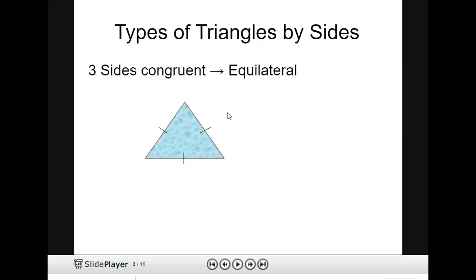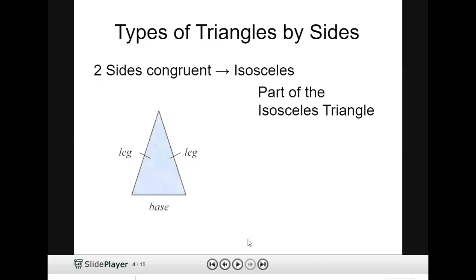The types of triangles. We can classify triangles according to their sides. The first type is sides congruent, which is the equilateral triangle. In an equilateral triangle, all sides are equal, or congruent.